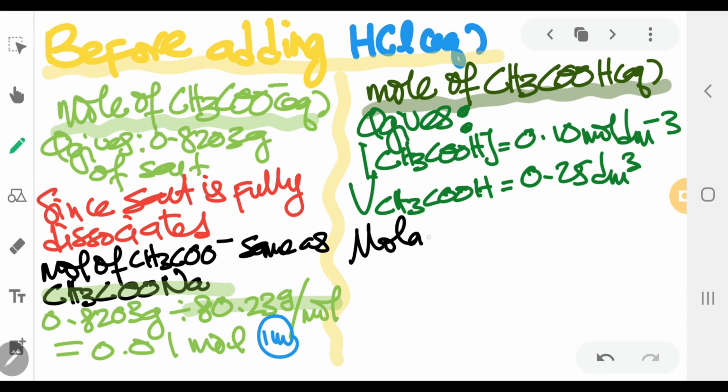To find moles, we're going to use the molarity given to you right here, and we're going to multiply it with the volume.